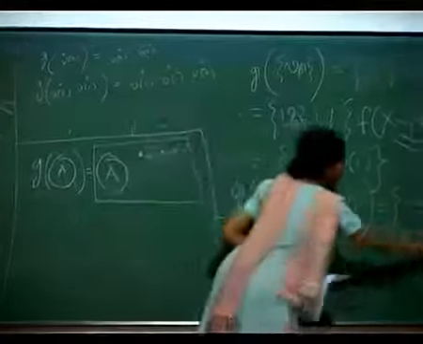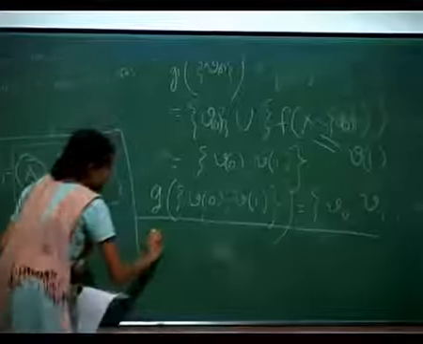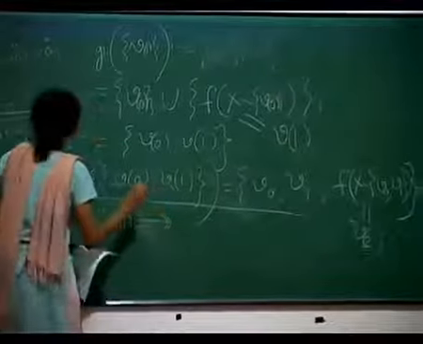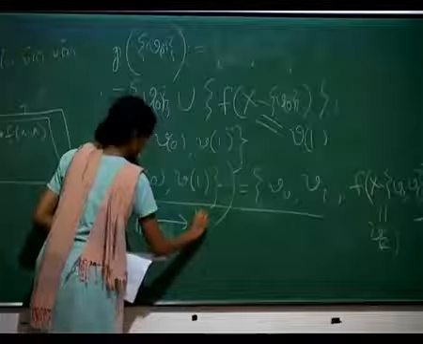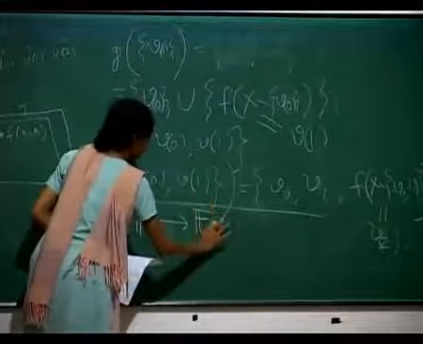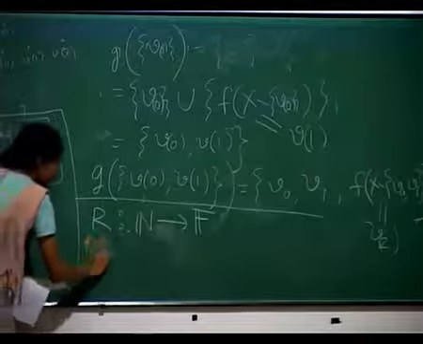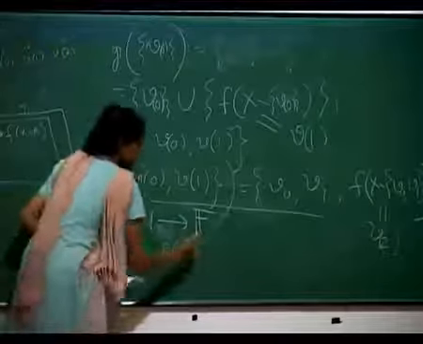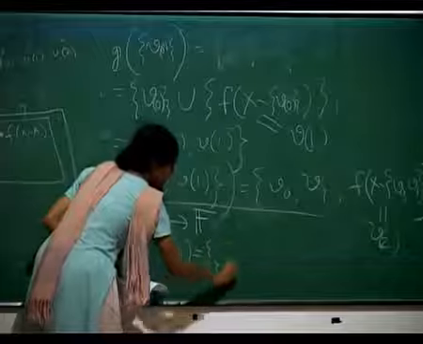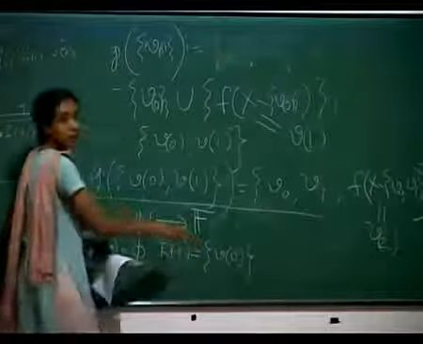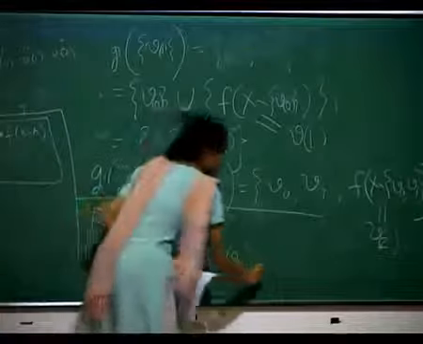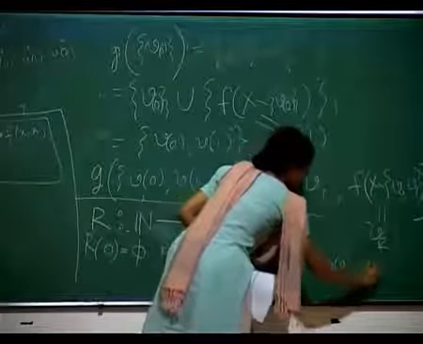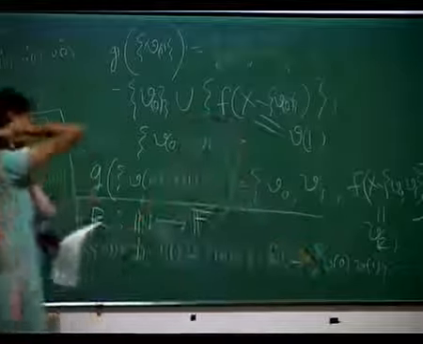So what the recursion theorem does, it allows you to have a function R from the set of natural numbers into these finite subsets, where R0 is the empty set, R1 is this set V0 which has just one element, R2 is V0, V1 having 2 elements, and so on.